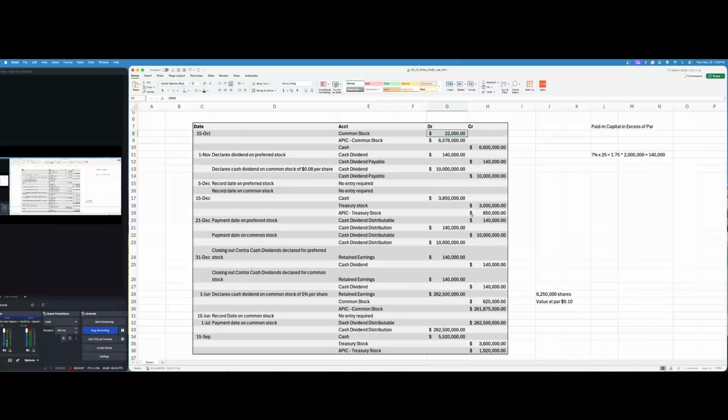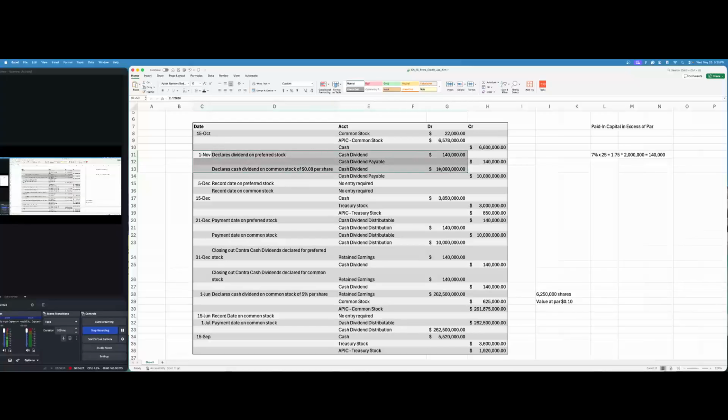This treasury stock was purchased at a certain amount, at market rate. So you have to remember at what market rate it was purchased.